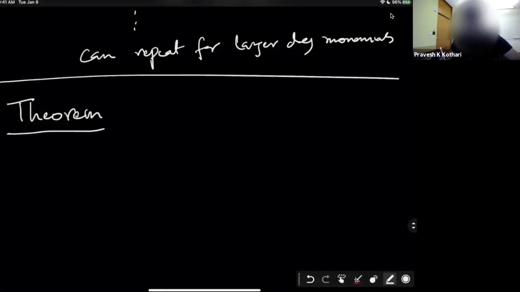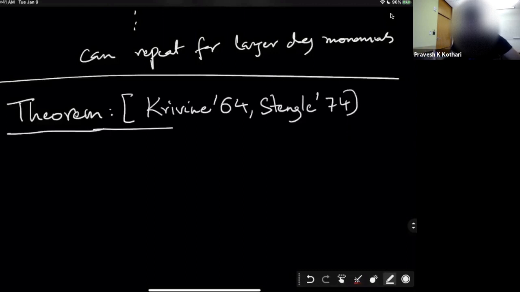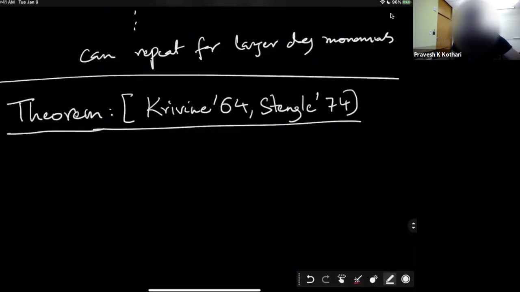In fact, these are extremely non-trivial theorems that were proven. I'm going to state a version due to Krivine and Stengle, who proved similar results independently. There was a time when you could prove independent results and not know the results for 10 years. Thankfully, today is not that time.